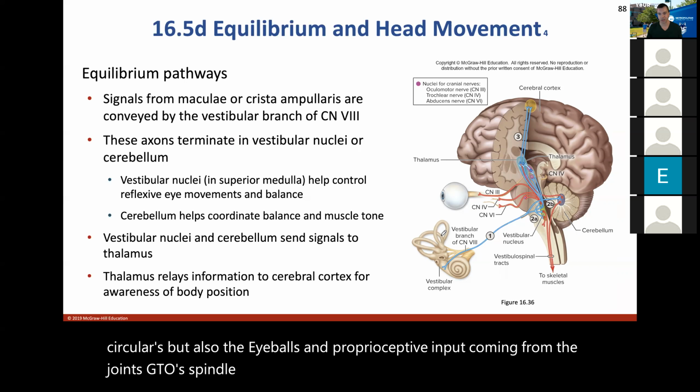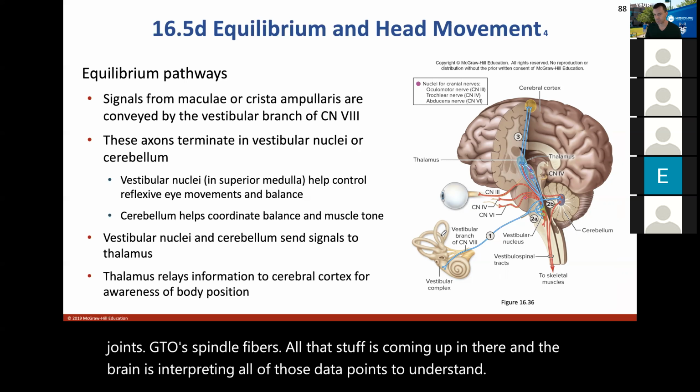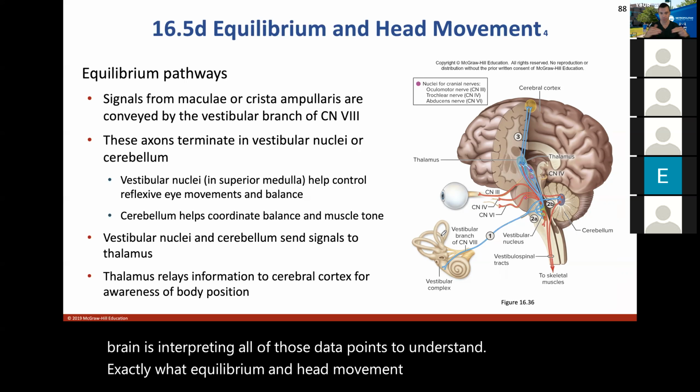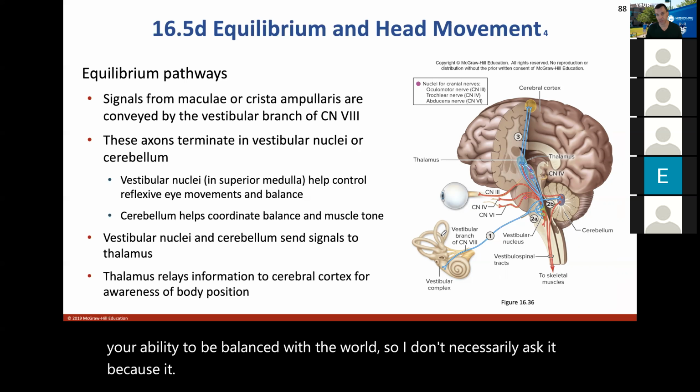All that stuff is coming up in there, and the brain is interpreting all of those data points to understand exactly what equilibrium and head movement involves with maintaining your ability to be balanced with the world. So I don't necessarily ask it because it does so much.